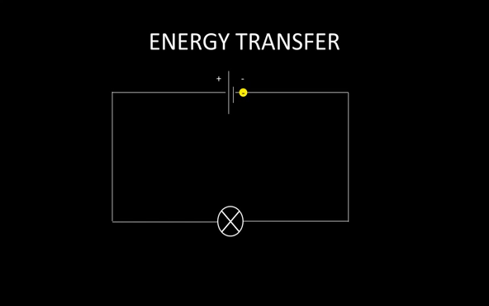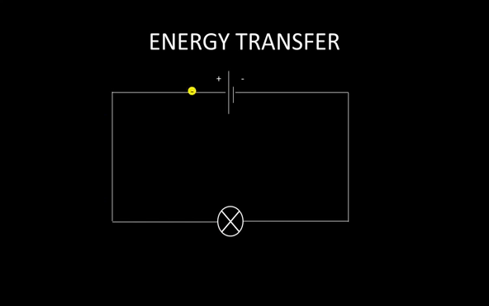Alright, so now we've got the concept of energy transfer, which is basically the battery is giving energy to the electron, and the electron is passing the energy over to the light bulb. If the light bulb is not to break, or if the light bulb is to even work at all normally, then the energy given to the electrons must be the same as the energy taken from the electrons.